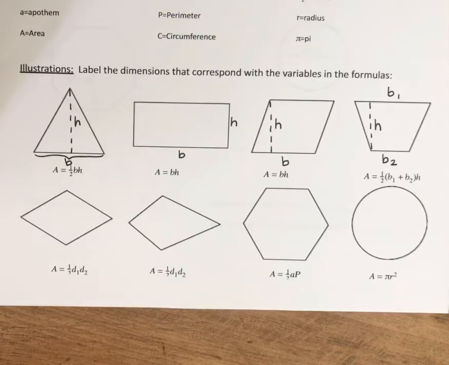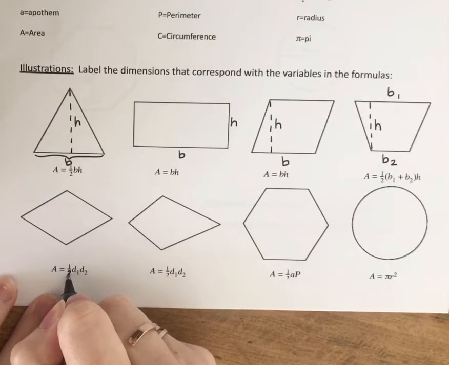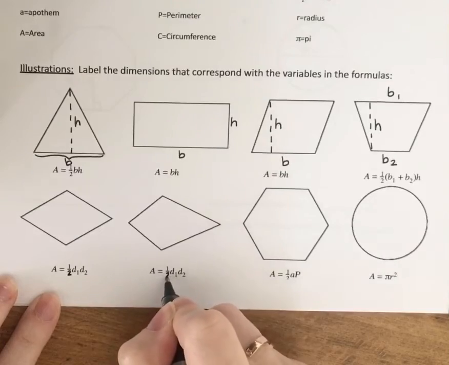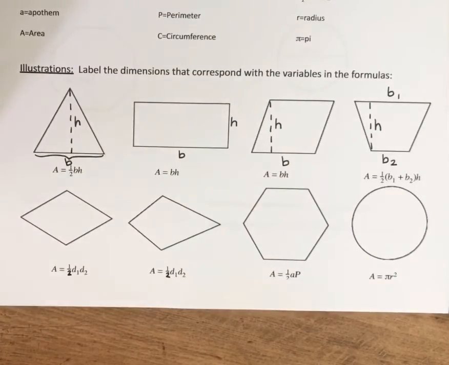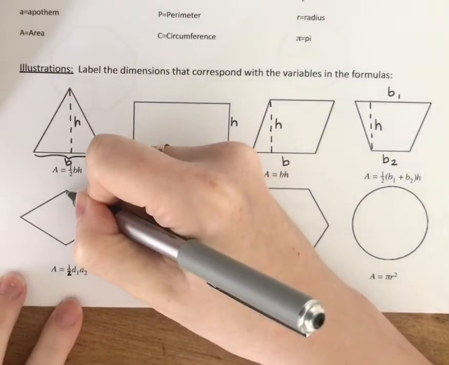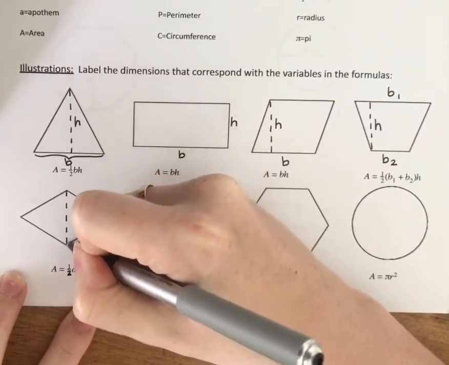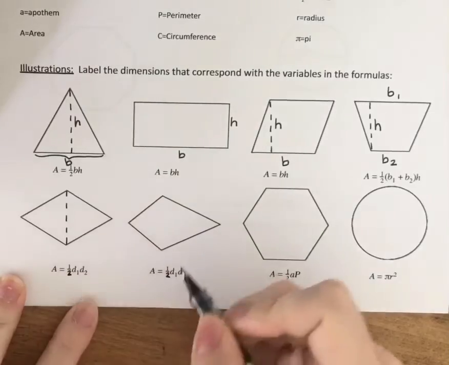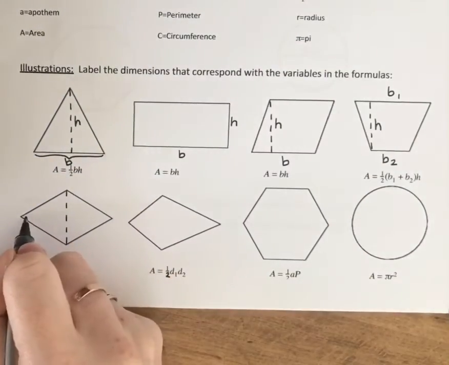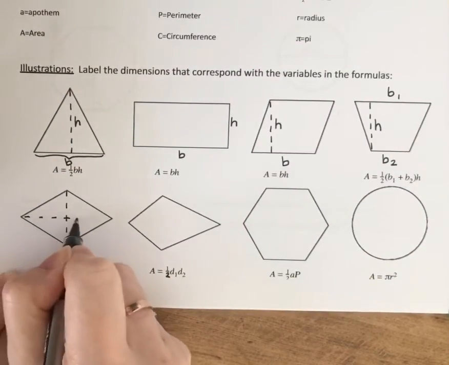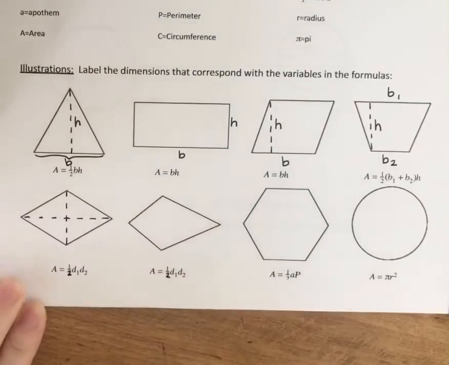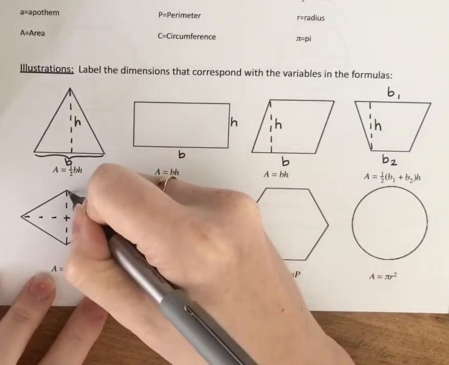All right, rhombus and kite. I know this got cut off a little bit, but this should be 1/2 D1 D2 for both of those. Okay, so what that's gonna look like is D1 and D2 are your diagonals. So from this vertex to that one, and then from here to here, this is kind of hard to label. Let's go like this.